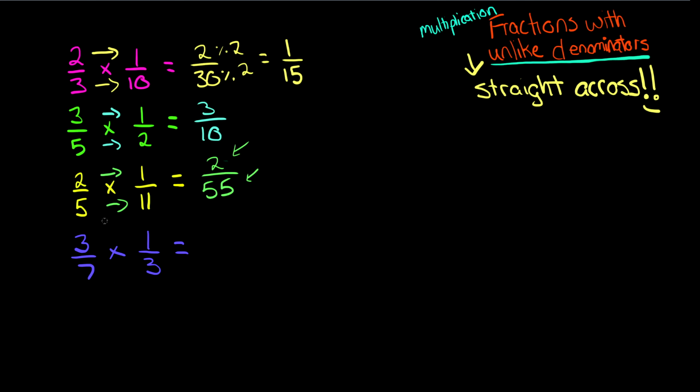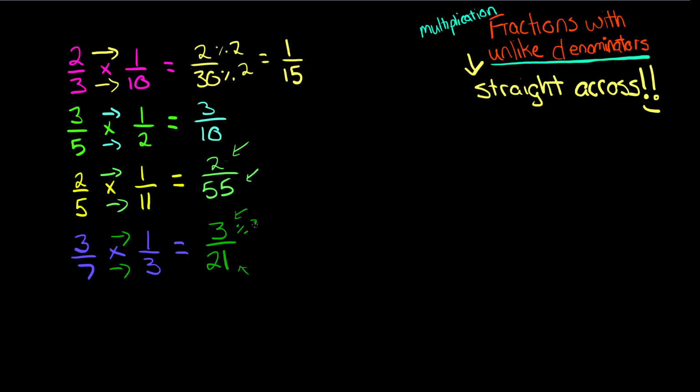And now we're moving on to our last problem, and that is 3 over 7 times 1 over 3, and we're going straight across. So 3 times 1 is 3, all over 7 times 3 is 21. Now I'll ask you, is there a number that can go into 3 and 21 that can help us reduce this fraction? Well, yes, there is.